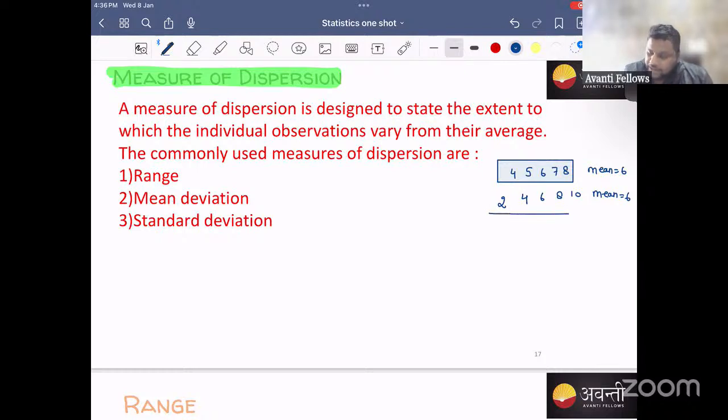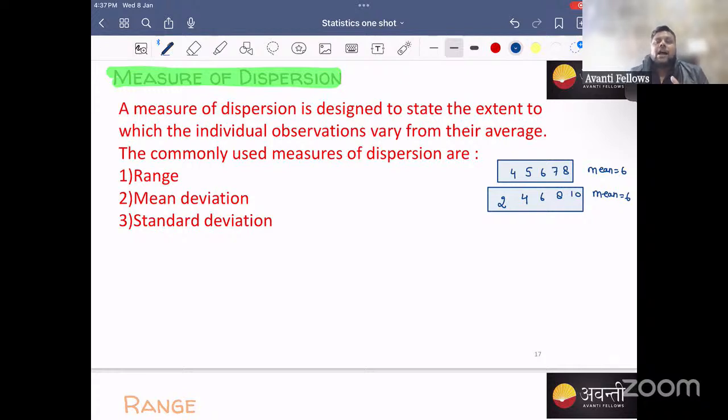The second data is highly deviated, meaning the person who is having this kind of score is considered unpredictable, whereas the person who is having the previous score 4, 5, 6, 7, 8 is considered a consistent performer because his values are coming very close to the mean. So that is why we understand dispersion.